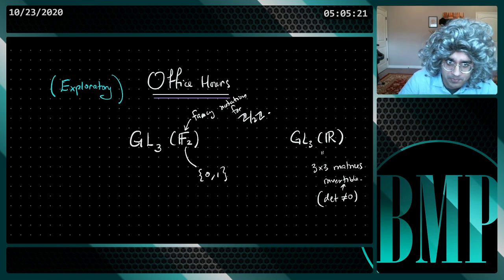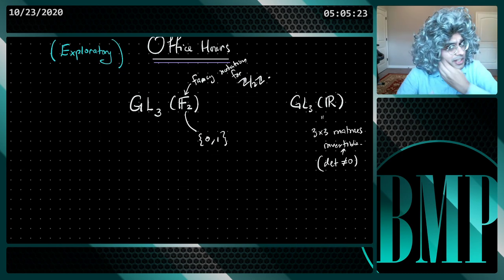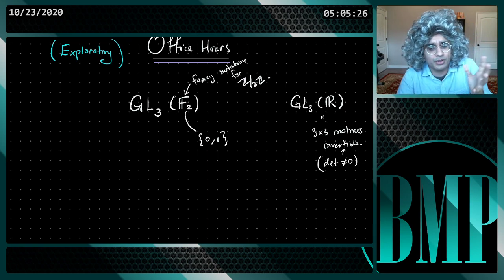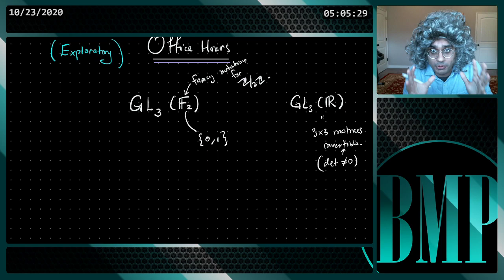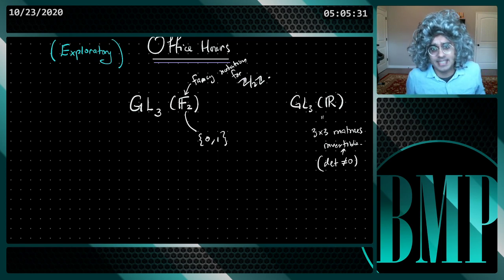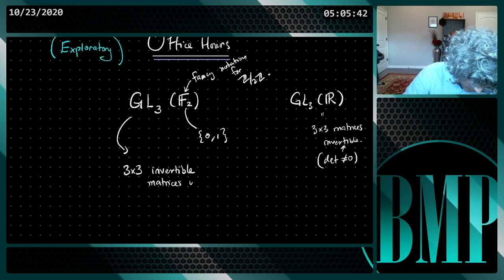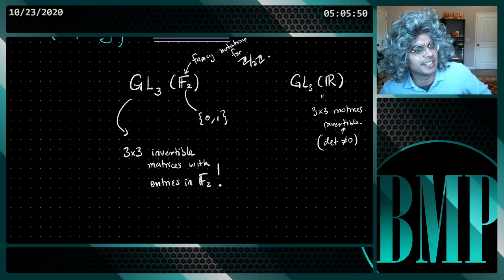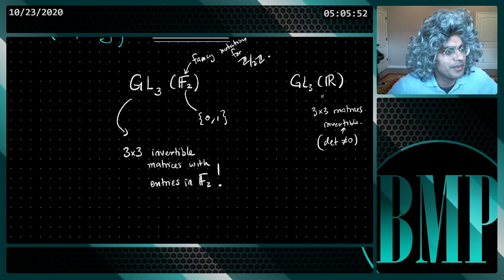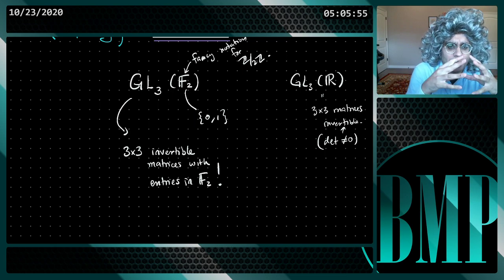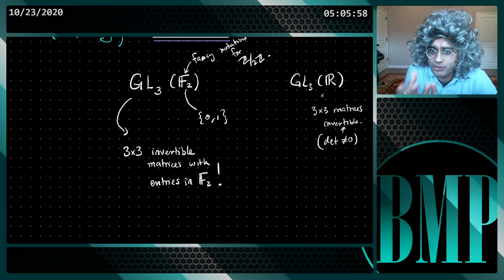But what I want to tell you is that this is now just invertible matrices with entries in that new field. That's all it is. And the group law is matrix multiplication.